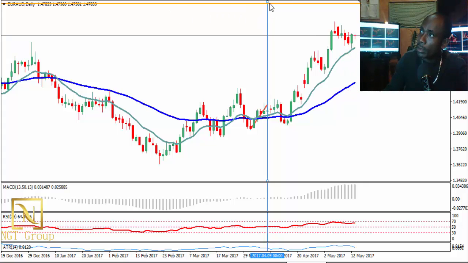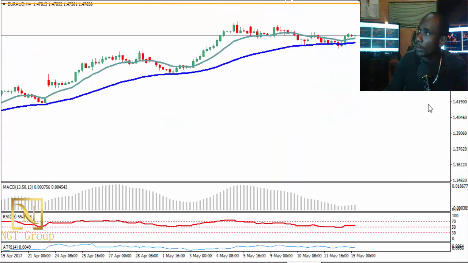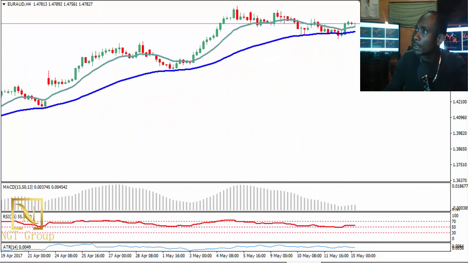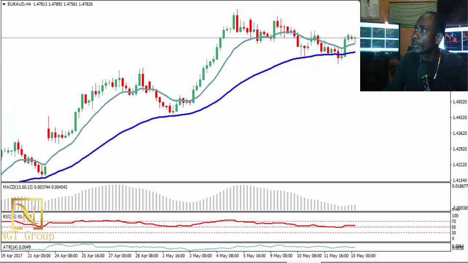So in order to see it much better, let's go down to the 4-hour chart. Okay, so this is a 4-hour chart, and as we can see, this setup here is a flag pattern. This is a flag pattern that we got here.